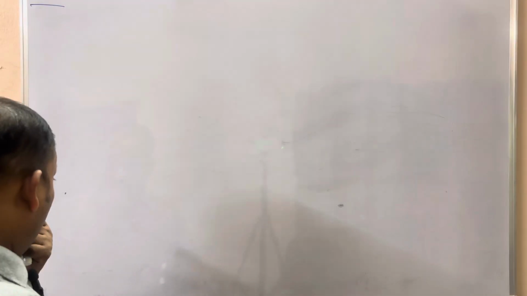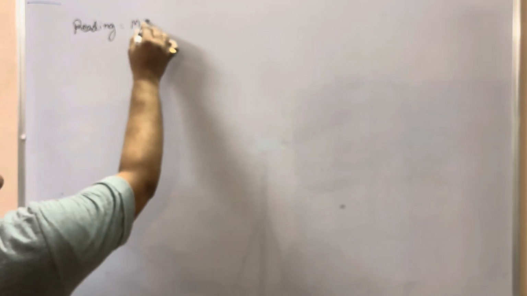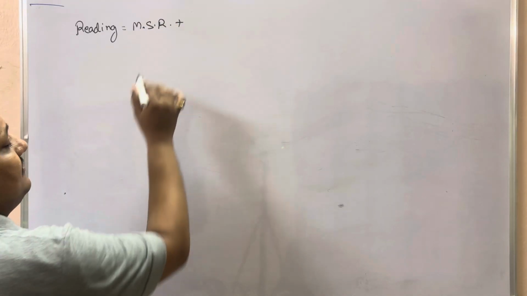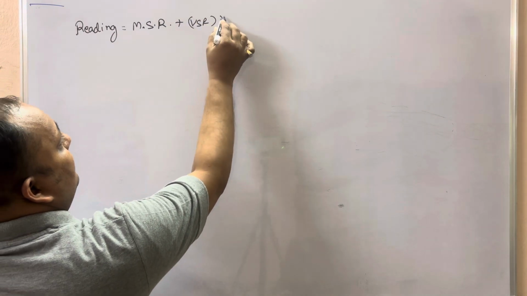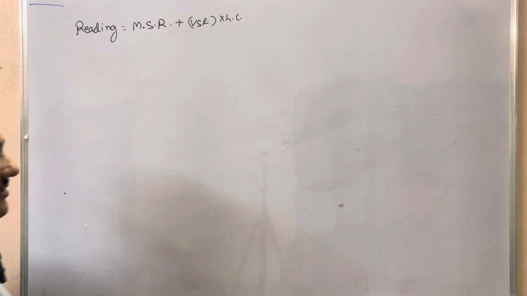In this class, we will discuss how to take a reading from vernier calipers. So this will be there in your lab also. The reading formula, the general reading of vernier calipers, is MSR plus VSR into least count.